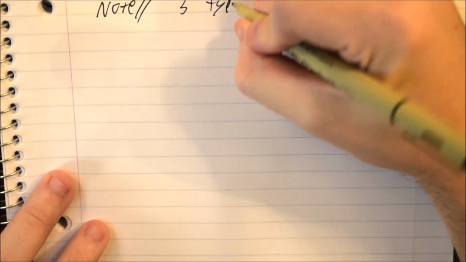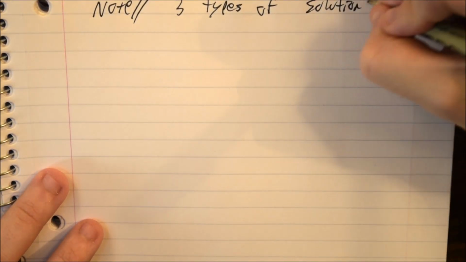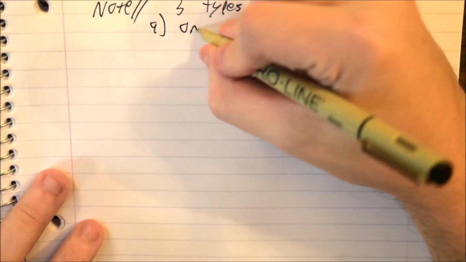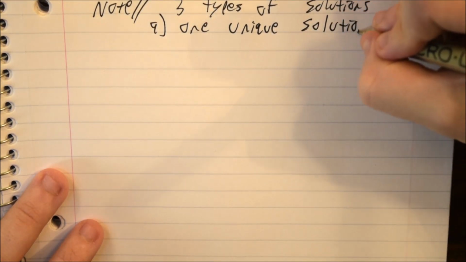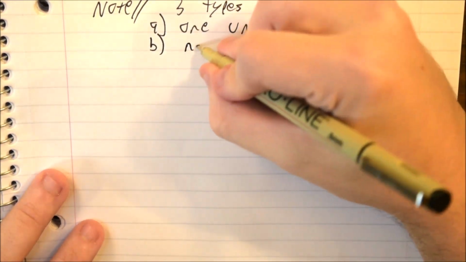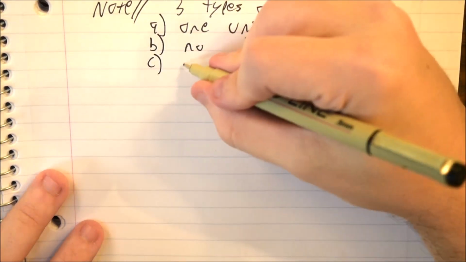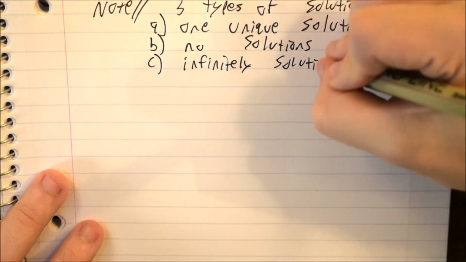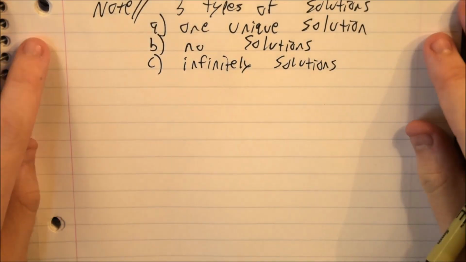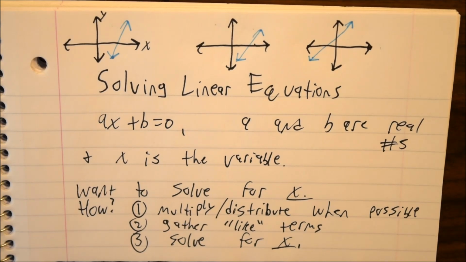So we have a quick note. Linear equations can have three types of solutions. There could be one unique solution. There could be no solutions. Or there could be infinitely many solutions. Now, if we go back to the little header I made, I didn't quite complete it, but I can do that right now.